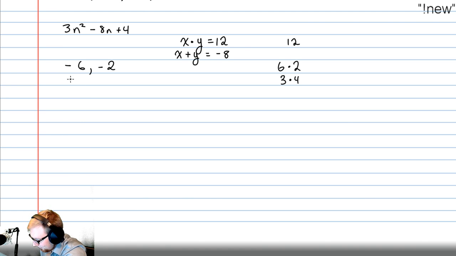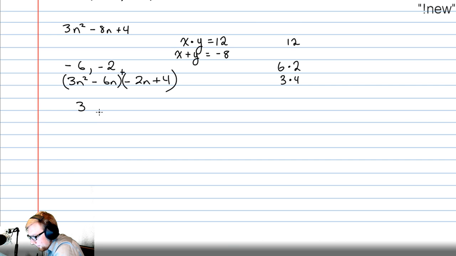3n squared minus 6n minus 2n plus 4. Okay, how are you going to do your grouping? The 3 and the 6 and the 2 and the 4. Yep. And then that one.